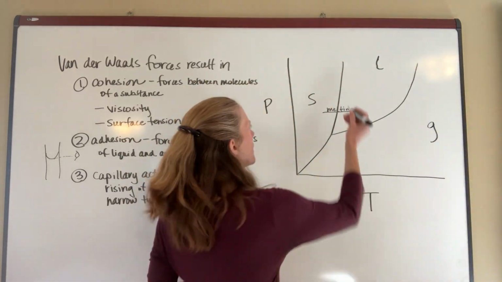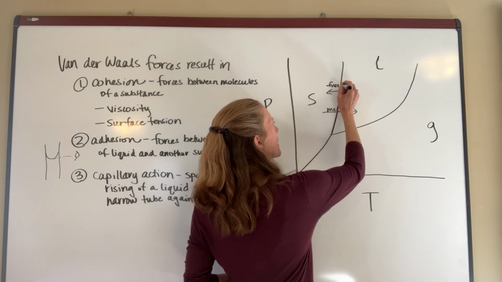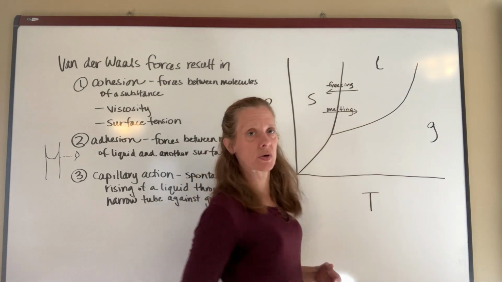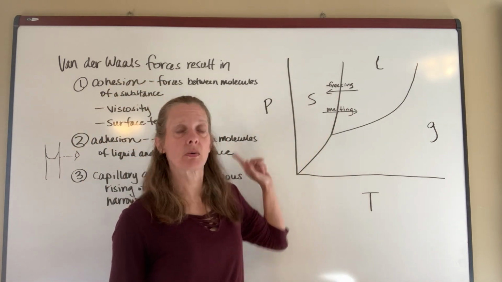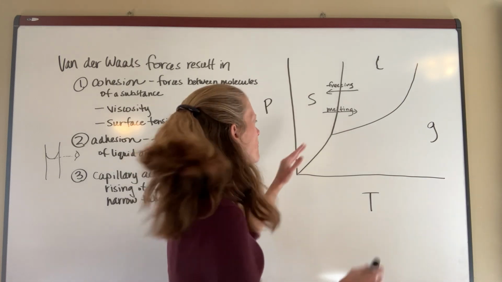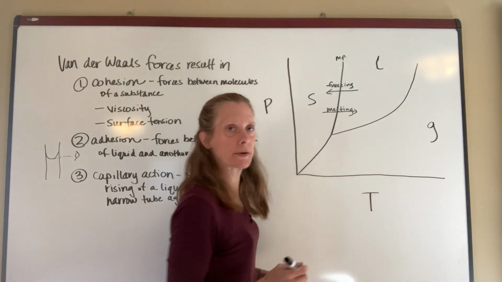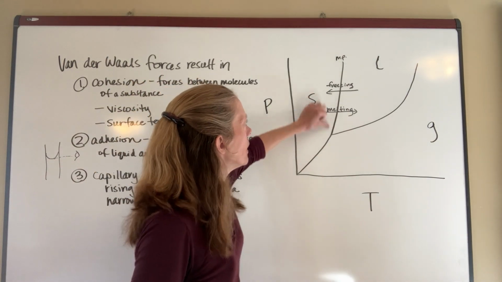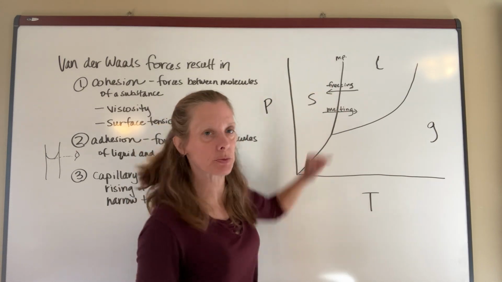If I go from this direction to this direction, this is where freezing is going to take place, okay? So melting going this direction, freezing going this direction. So what this line indicates then is your melting point, from here to here, and not down here, once you start right here. So this is your melting point, okay?